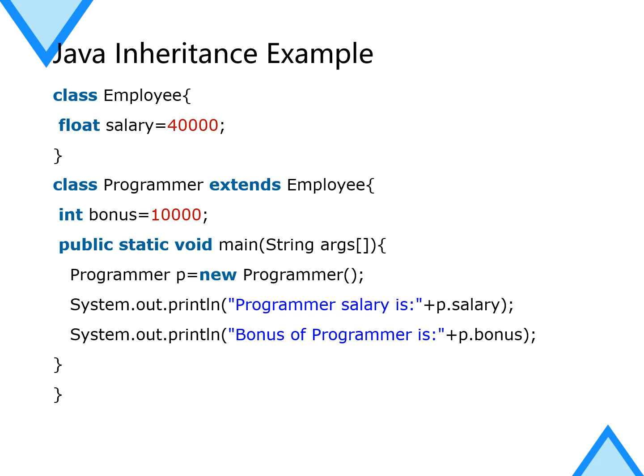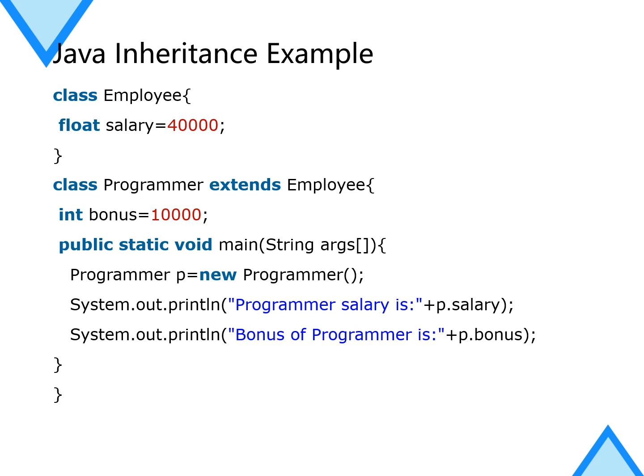So this line shows the inheritance, in which we are extending the employee class by a child class, programmer, and this child class also has one data member, which is bonus, and we also initialize the integer data member bonus with a value of 10,000.